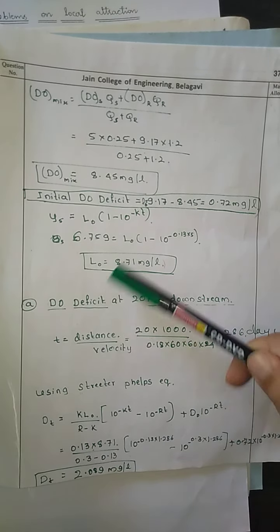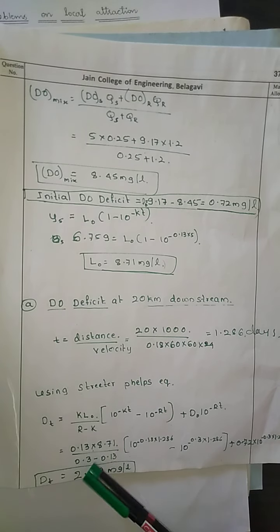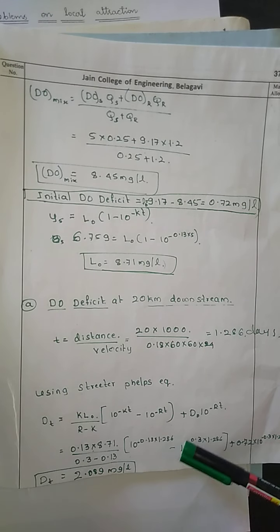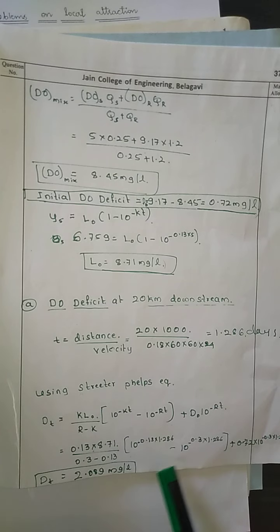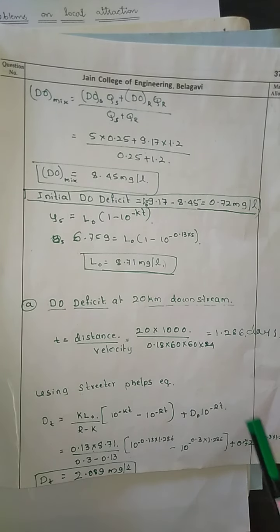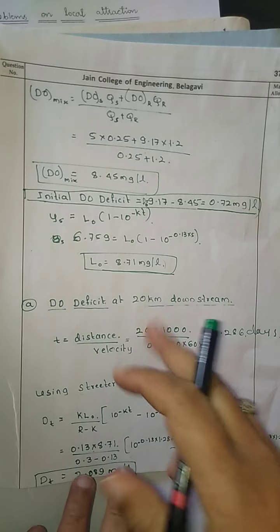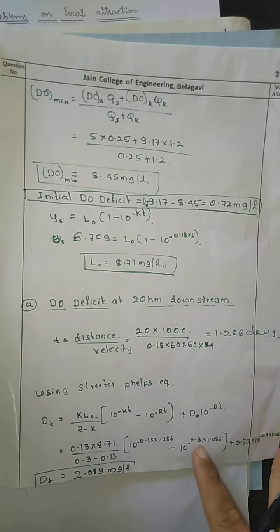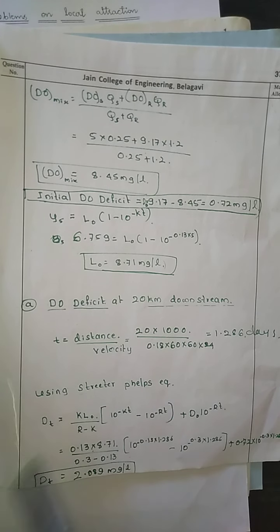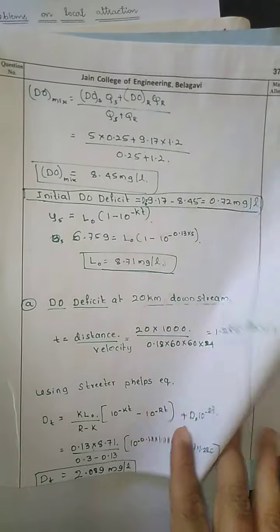The L naught value we determined is 8.71, divided by 0.3 minus 0.13, into 10 to the power minus 0.13 into 1.286 days, minus 10 to the power minus 0.3 into 1.286, plus D naught 0.72 into 10 to the power minus RT, where R is 0.3 into 1.286. So using the Streeter-Phelps equation, the DO deficit at the 20 kilometer distance is 2.089.